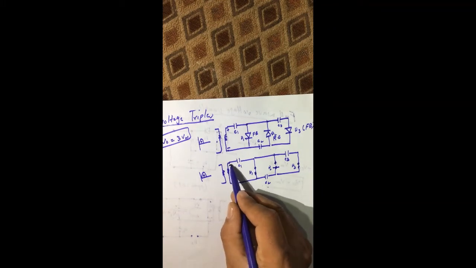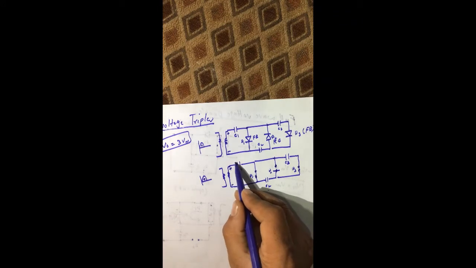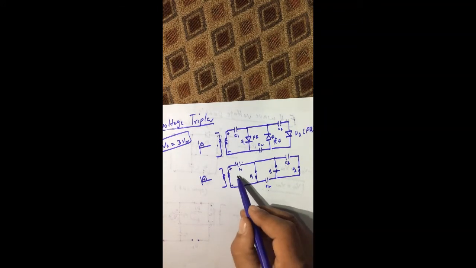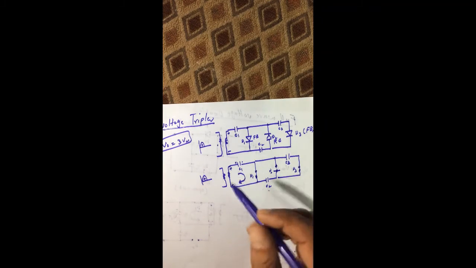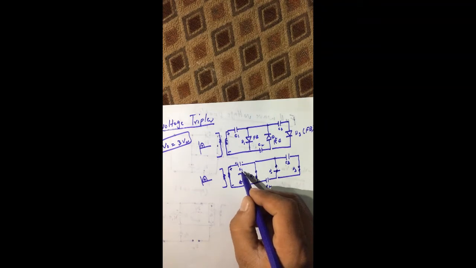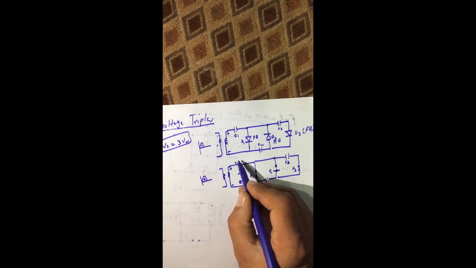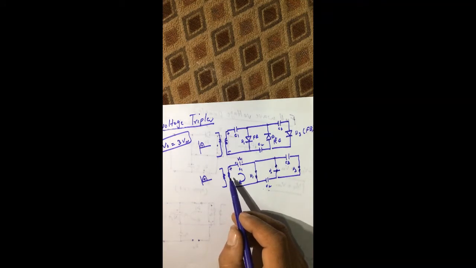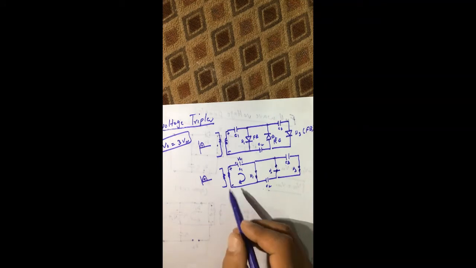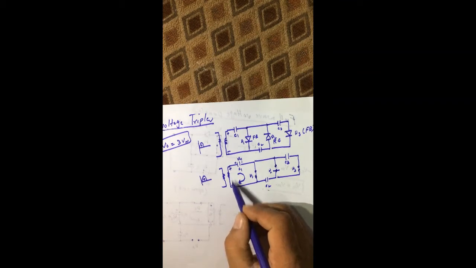Now this is positive, this is negative, so the current will flow from positive to negative direction, so we have this loop. Now apply Kirchhoff's law to this loop. Once C1 is charged to its peak value, the voltage across capacitor C1, I call it VC1. Now we start from this end and go like this, so we are moving from negative to positive.